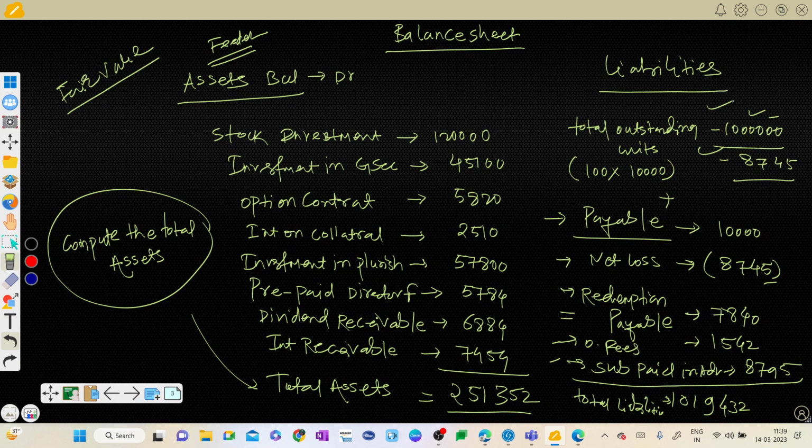So the basic value of the unit is not this one. It should be something else. The reason is we have assets and liabilities which are not balanced, or which are not tying. And if that is not tying, then we won't be able to compute the net assets per unit.